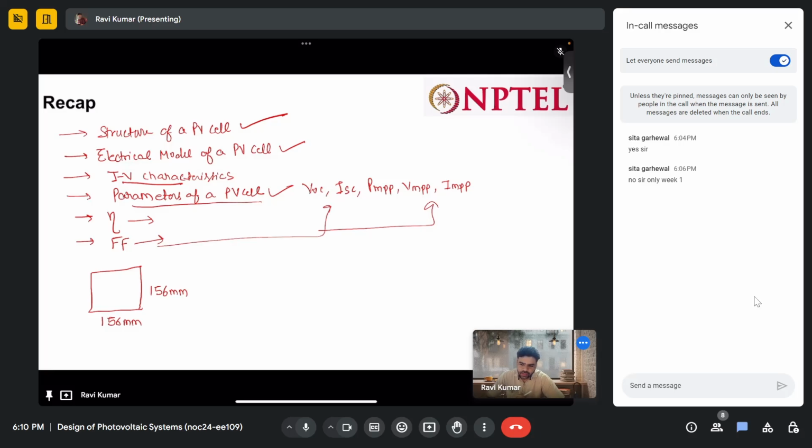Now, can you guess the voltage, VMPP or VOC, anything, or the current, ISC? Can you tell me the ISC and VOC for this solar cell?